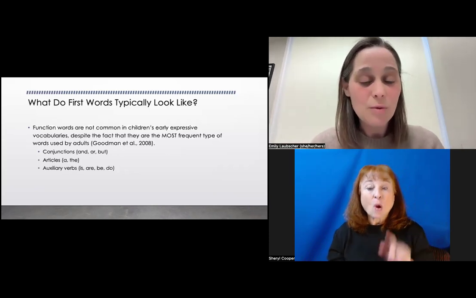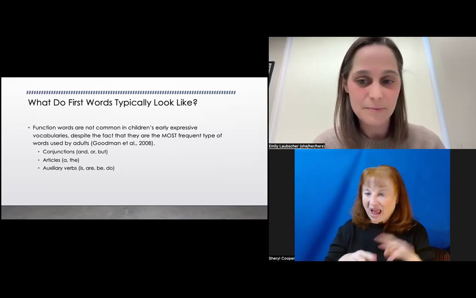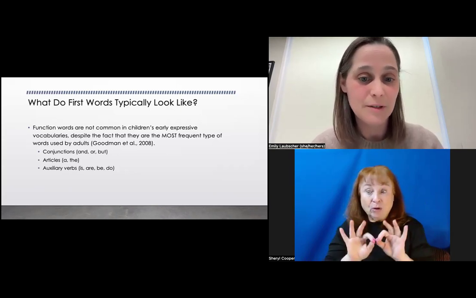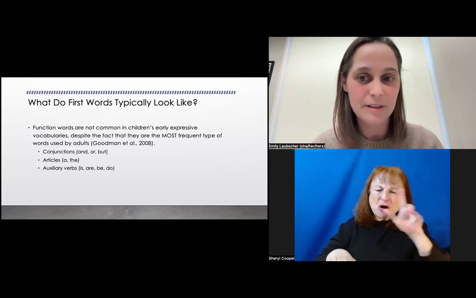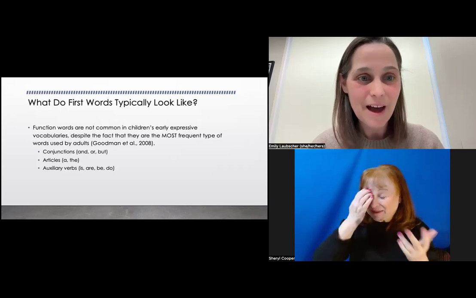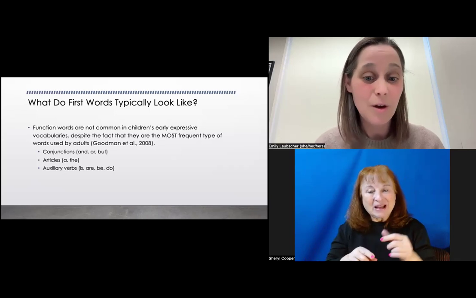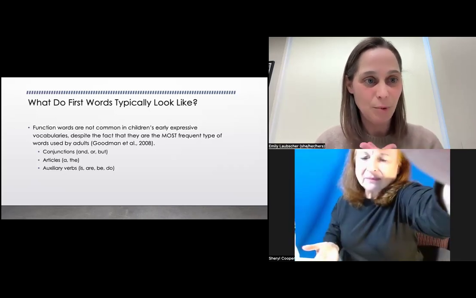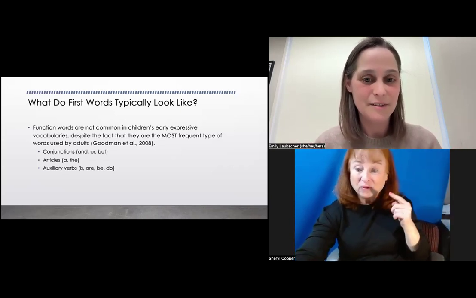One thing that we don't typically see a lot of in early vocabularies is function words. So these are words that play a critical role in more advanced grammar, but they're not common in children's early expressive vocabularies. And this is in spite of the fact that they are the most frequent type of word used by adults, which makes sense because these words are really important in terms of making grammatically correct sentences.